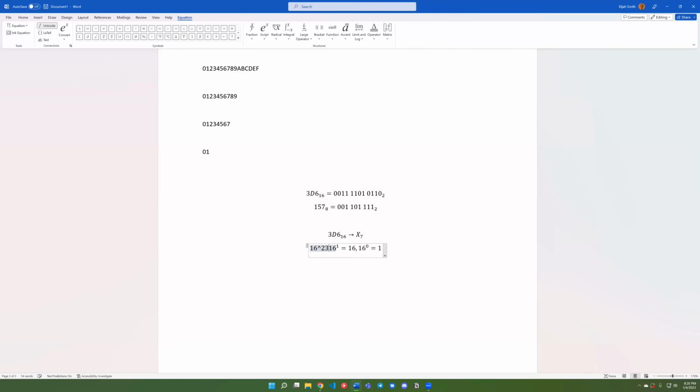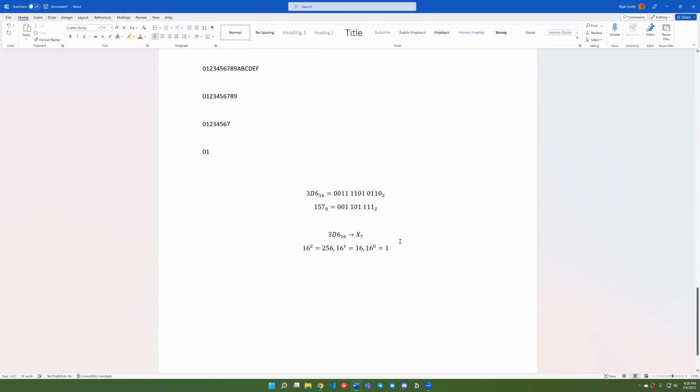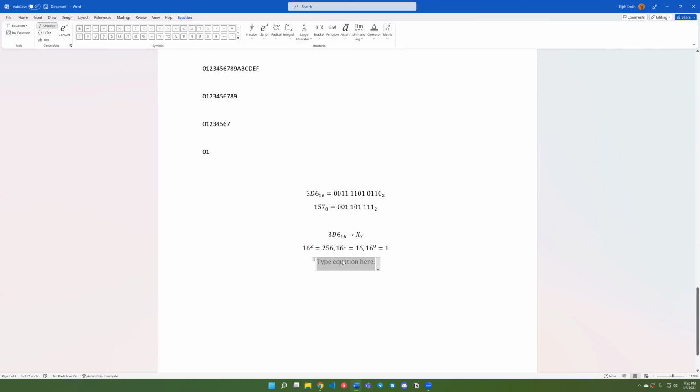And then 16 squared is equal to 256. So if we convert this hexadecimal number, we just multiply whatever the value of the digit is times the place value. So this is 3 times 16 squared plus D represents 13. 10 is A, B is 11, C is 12, D is 13. 13 times 16 to the first plus 6 times 16 to the 0th.